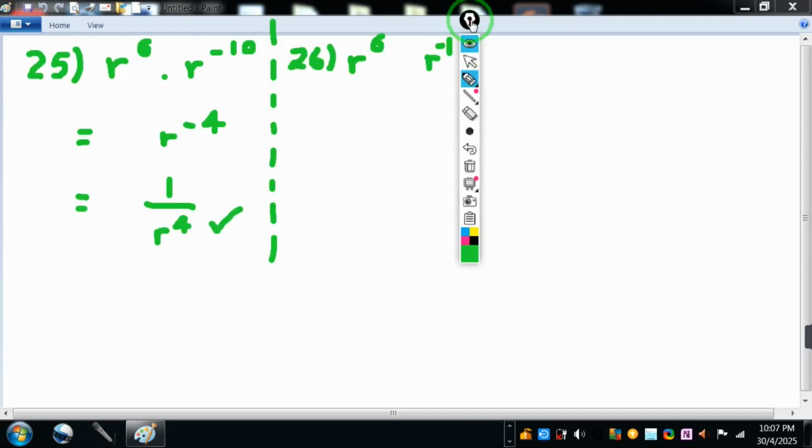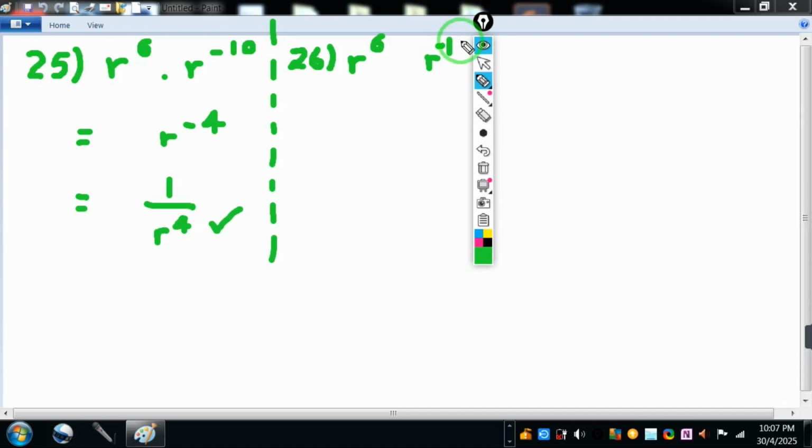So this time around we have a division. One liner, R6 minus 10. Minus times minus is plus. 6 plus 10 is 16. So easy peasy. No joke.